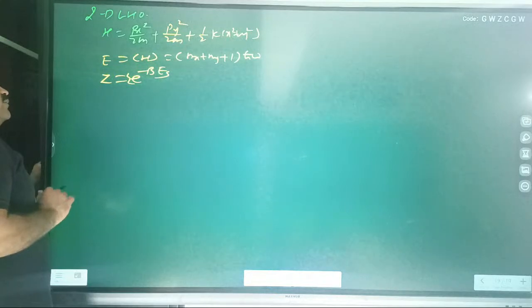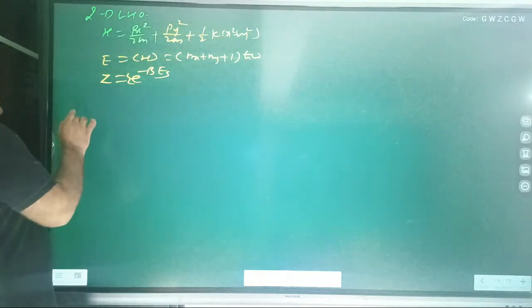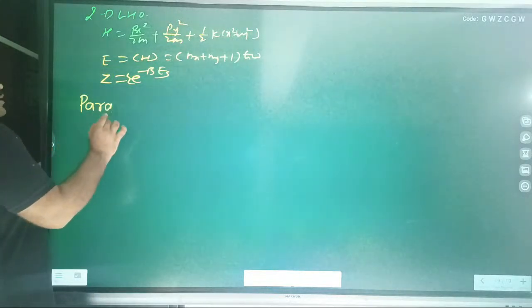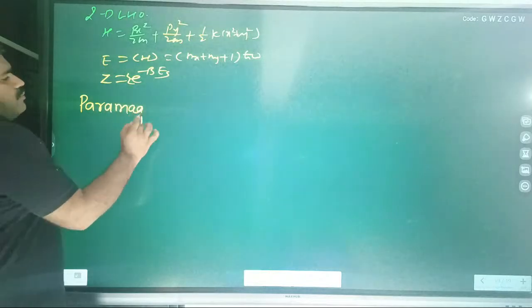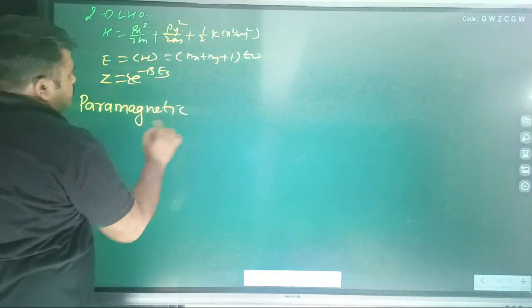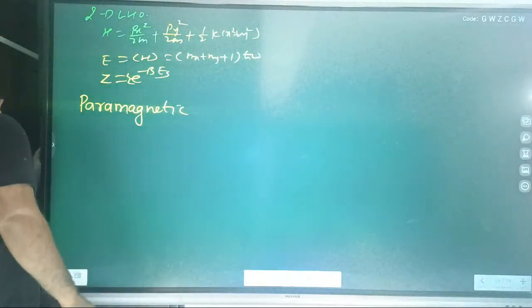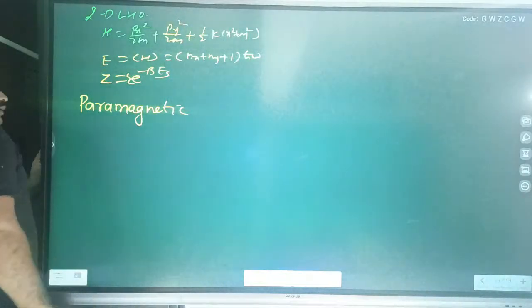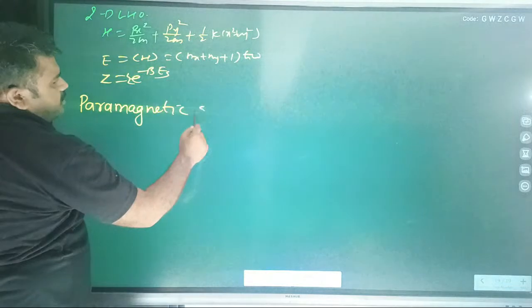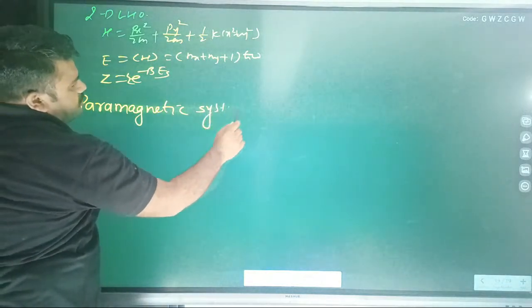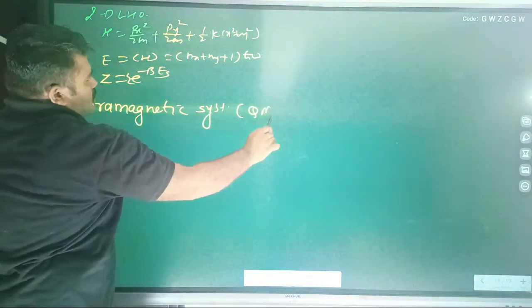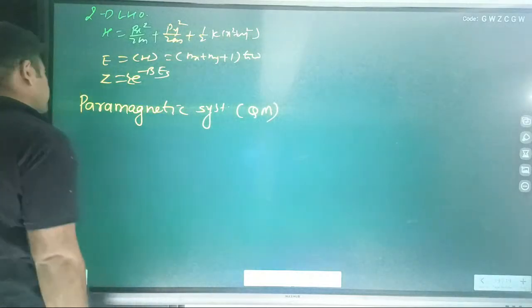Next, the system is a paramagnetic system, or we can say a paramagnetic system in quantum.